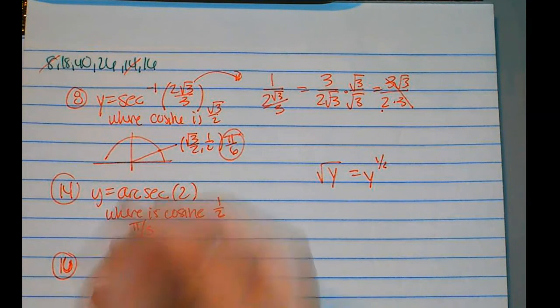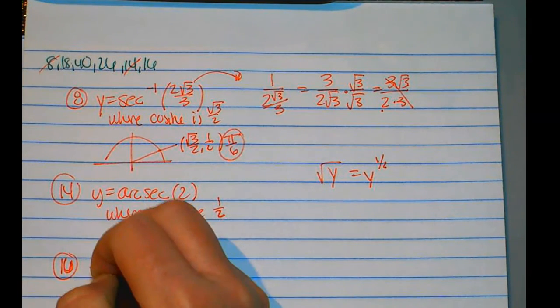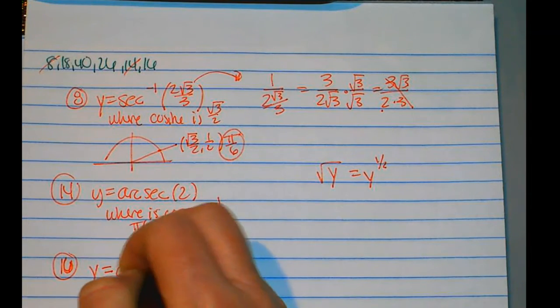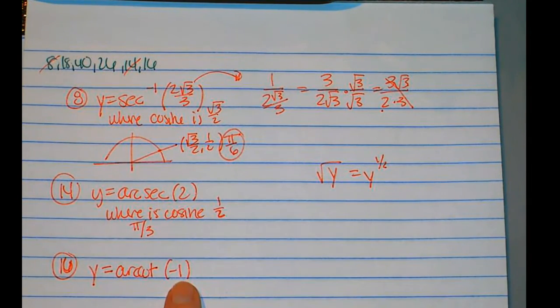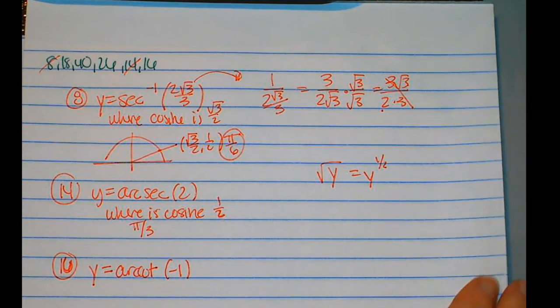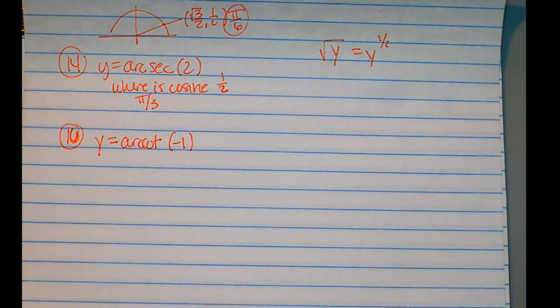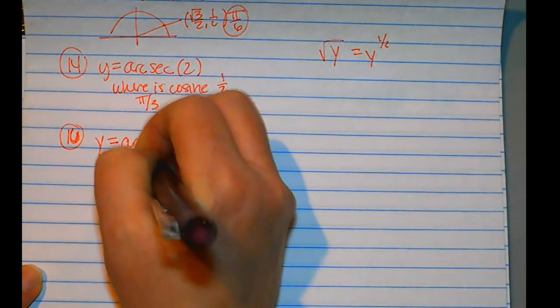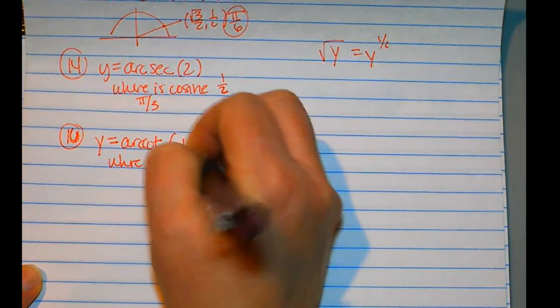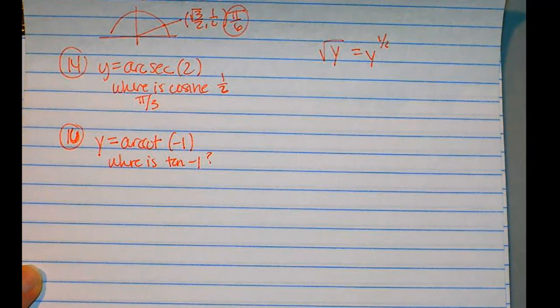Okay, so we're back to another one that's the reciprocal function, but cotangent and tangent have the same 1 values. In other words, when you flip over -1, it's still -1. So that's convenient. That's the same thing as where is tangent -1. And where's that?